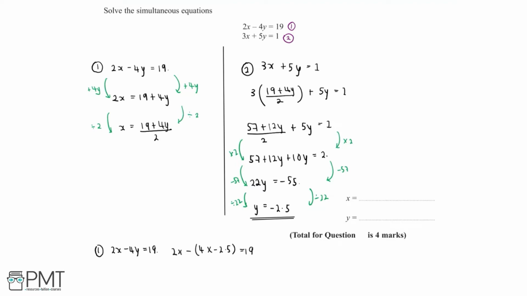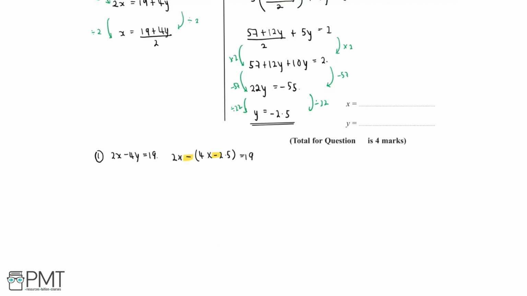And so remember that a negative multiplied by a negative would give you a positive. And so we can say that 2x plus 10 is equal to 19. Now moving the plus 10 over to the other side, we can say that 2x is equal to 19 take away 10, which is equal to 9. And so x, dividing both sides by 2, is equal to 4.5.